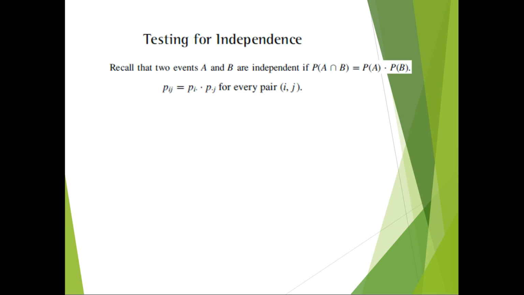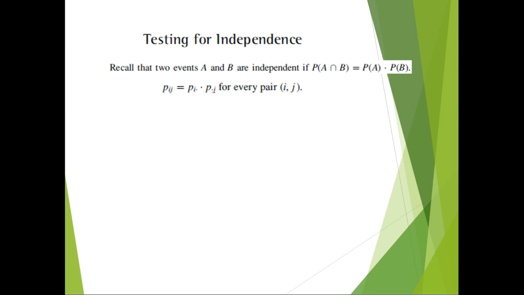So, probability of A and probability of B, using this rule for independence, means we can write probability in cell ij as the probability of observing a randomly selected individual in category i of factor 1 times the probability of observing that particular individual in category j of factor 2.